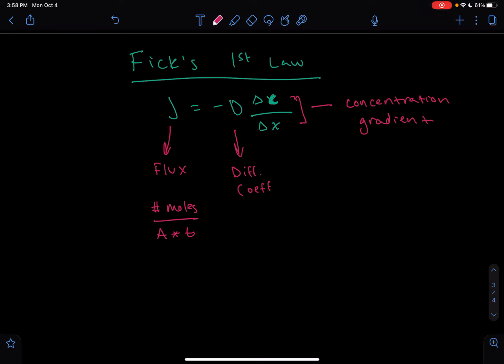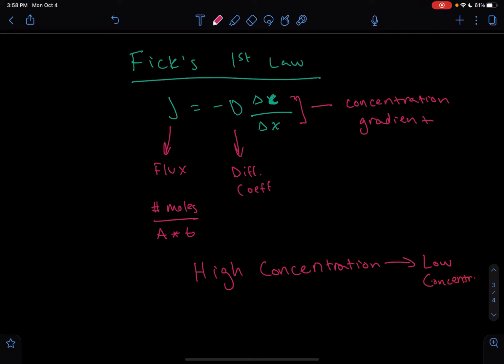So if I'm having a lot of Febreze that I just sprayed in one area, it's gonna have a higher flux and it's going to move from that higher concentration to that lower concentration. So that's all that Fick's first law is basically telling us. All it's telling us is that diffusive flux goes from higher concentration to low concentration. And you know this rule, that high concentration to low concentration rule, okay? That's it. There's nothing else to it really, okay?